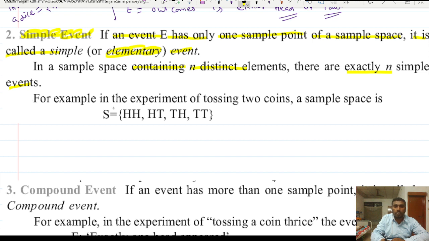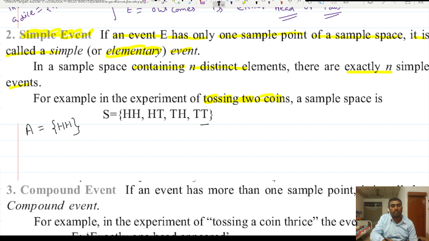For example, let us take tossing two coins. If we are tossing two coins, the sample space is head-head, head-tail, tail-head, tail-tail. So what could a simple event be? Let A be the simple event in which both are showing head.